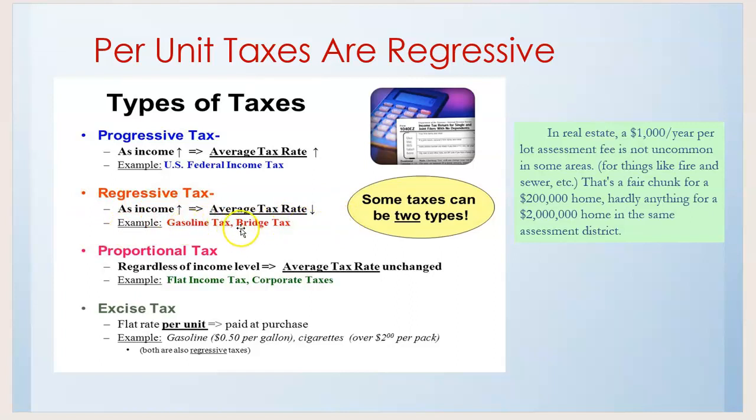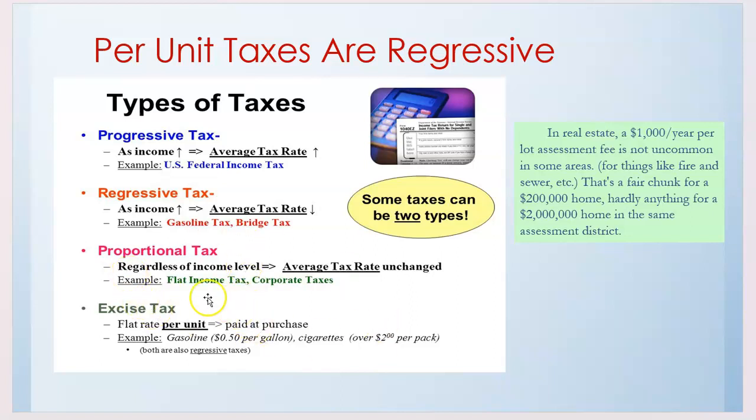The examples here are, for instance, a toll, where it's going to be taxing more on people because you're using a bigger percentage out of your income for the same fee. Same thing with gasoline tax. We're all supposed to pay so much per gallon, but paying so much per gallon means a bigger percentage for people of lower income and a smaller percentage for people with higher income.